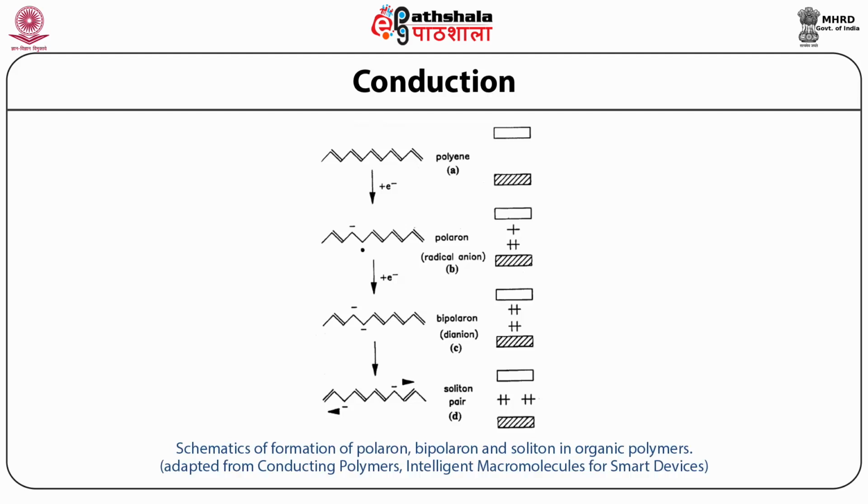This process is also energetically stable despite the higher Coulombic repulsion between the two charges of the same sign confined to the same location in the lattice, that is, to the same polaron.